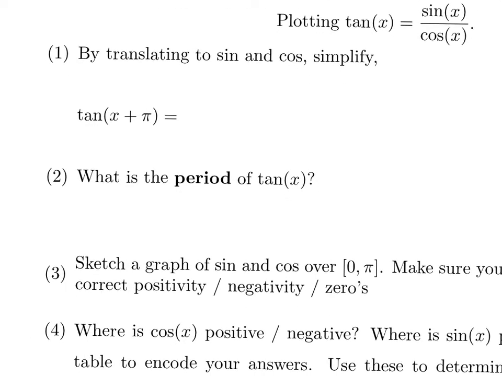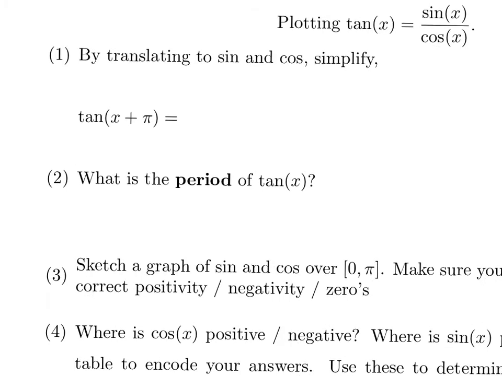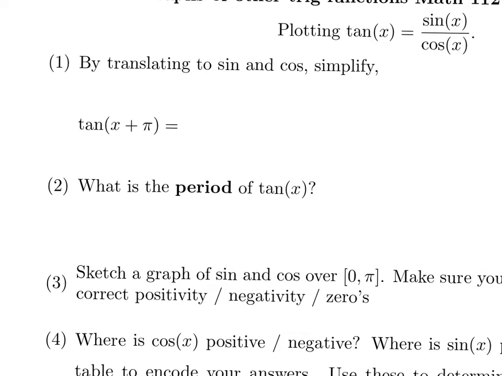And you know what I'm about to write, right? Tangent of x plus pi is the same as the sine of x plus pi over the cosine of x plus pi. Adding pi to an angle corresponds to a reflection over the origin.